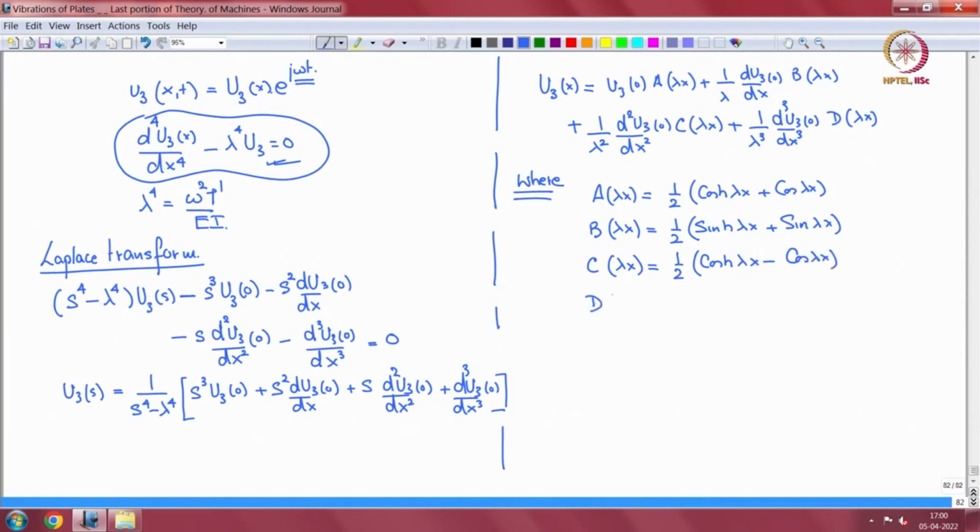Then D of lambda x is equal to 1/2 of sin hyperbolic lambda x minus sin lambda x. We will note some properties of these: you can see that A of 0 is 1, whereas B of 0 equals C of 0 equals D of 0 equals 0. So we will continue along these lines.